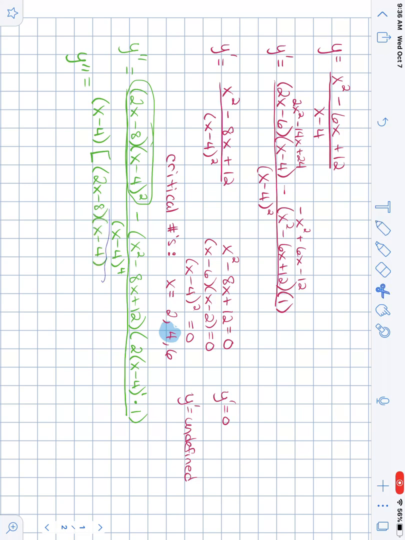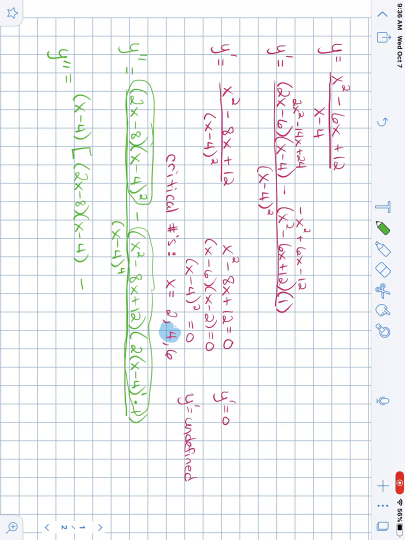I'm going to move this down because of what's going to happen next. I need some space. Okay, so I've got 1 x minus 4 left over from that term. If I take an x minus 4 out of the second term here, I'm left with a 2 and an x squared minus 8x plus 12. And then the denominator, I've got x minus 4 to the fourth.